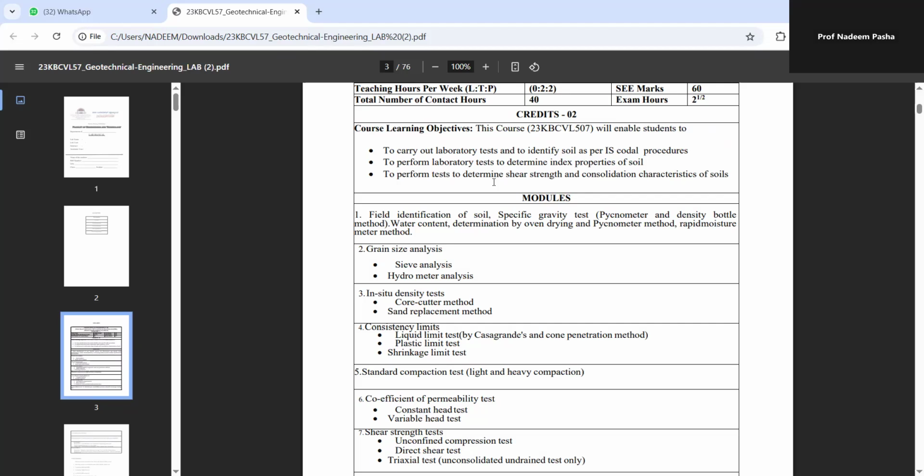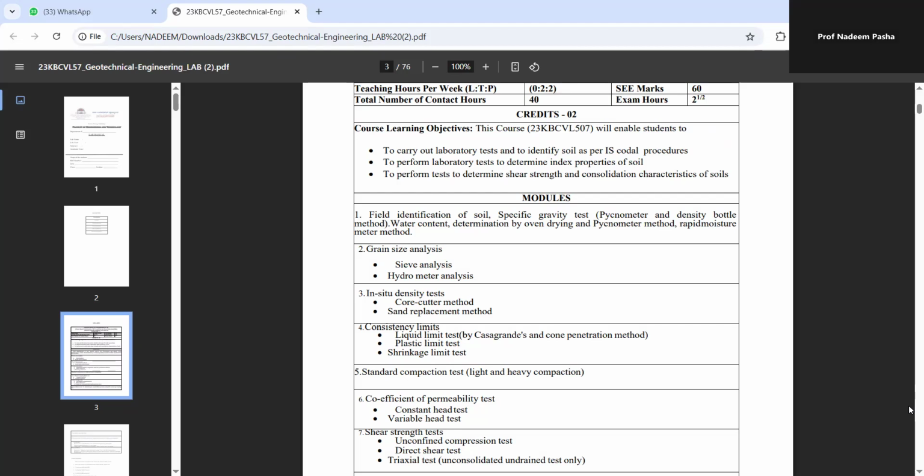Apart from that, consistency limit such as liquid limit test is used, which is calculated by using Casagrande and cone penetration method. Next, plastic limit test, shrinkage limit test. Apart from that, standard compaction test is also there for light and heavy compaction. Coefficient of permeability test is also there, constant head test or variable head test.